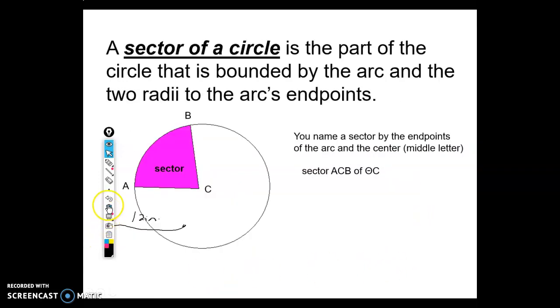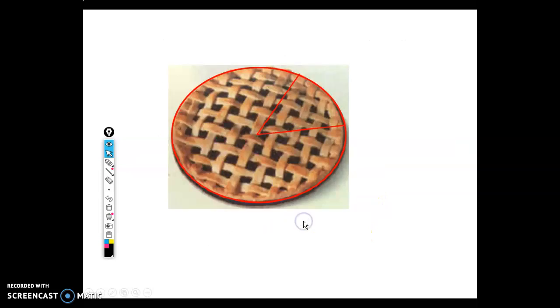Here is what a sector is. I've been saying it. It's just a slice of the pie. It's part of the inside here. You name a sector by basically the angle, ACB, and the center is the middle letter.